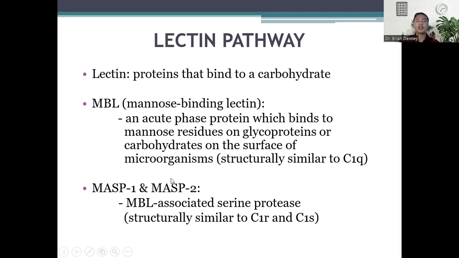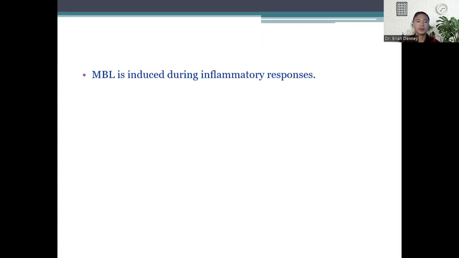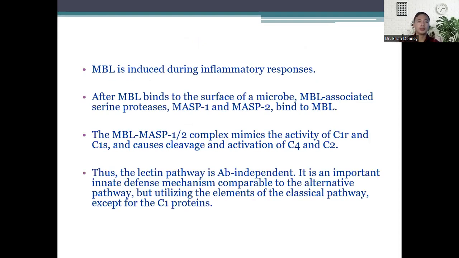Your MASP1 and MASP2 are structurally similar to your C1r and your C1s. So your MBL actually binds itself, particularly your MASP1 and MASP2 bind to the mannose. Your MASP1 binds to mannose, and MASP2 binds to mannose.